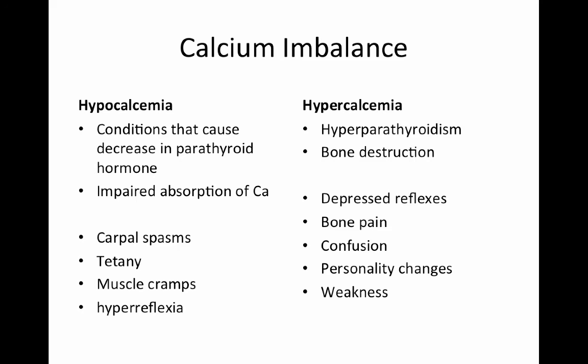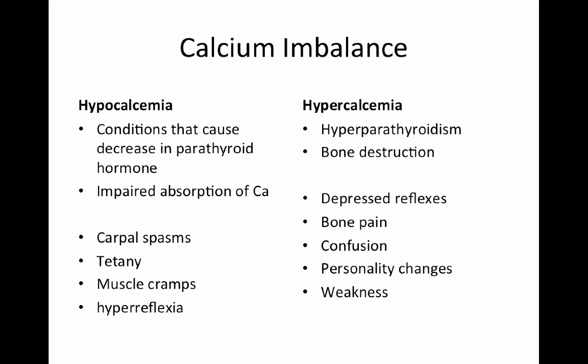So if I have an overdose of vitamin D, I'm going to wind up with an abundance of calcium in my bloodstream. Prolonged immobility leads to hypercalcemia because it leads to bone mineral loss. As the bones demineralize, that's going to release the stored calcium into the bloodstream.